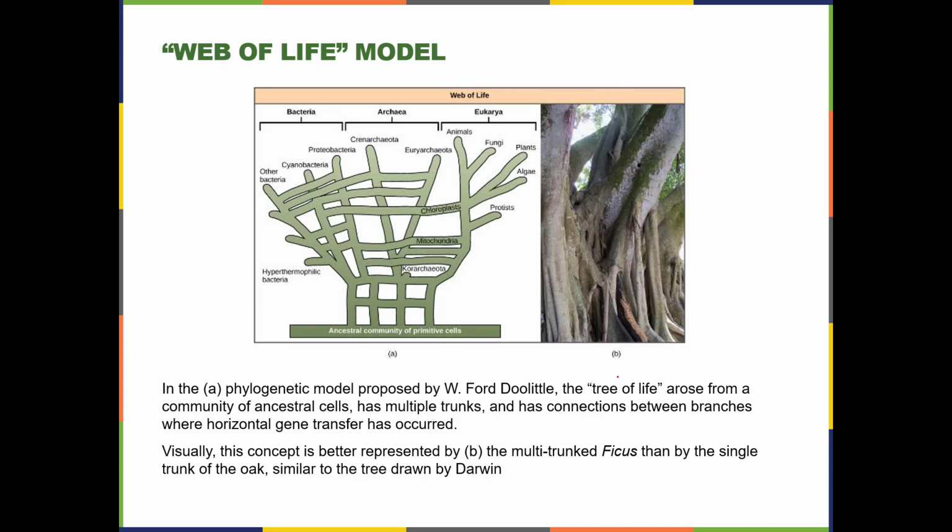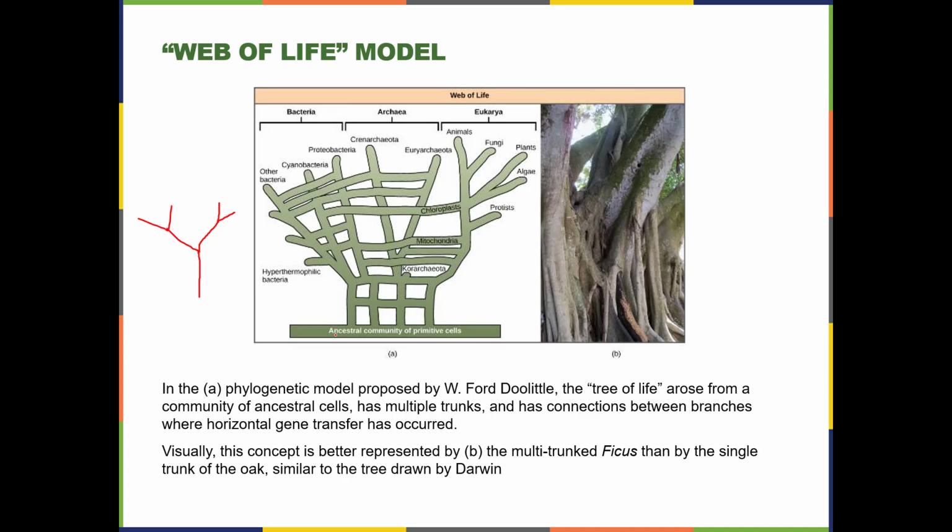an evolutionary tree, or a tree of life, that is more complicated. We've been kind of drawing these evolutionary trees as if there's a single root, a single group of cells, and then those diverged, and then those diverged, and so on and so forth.